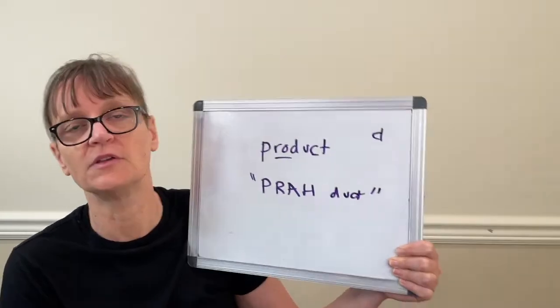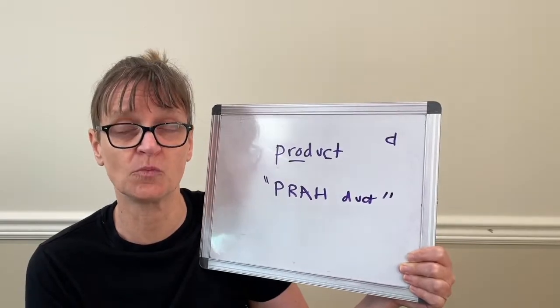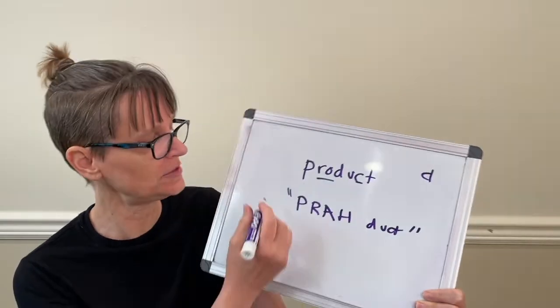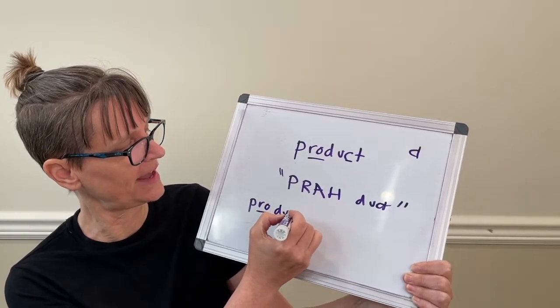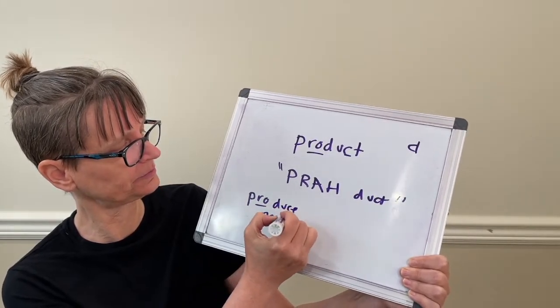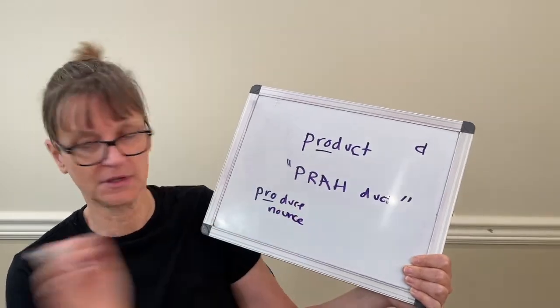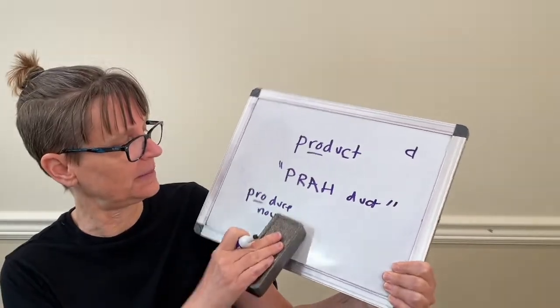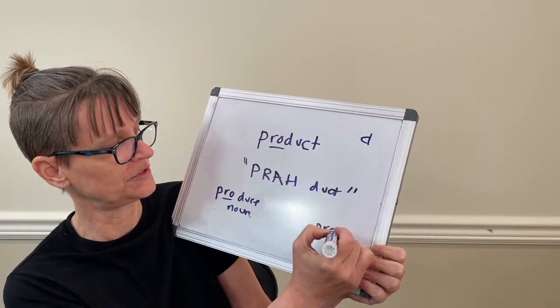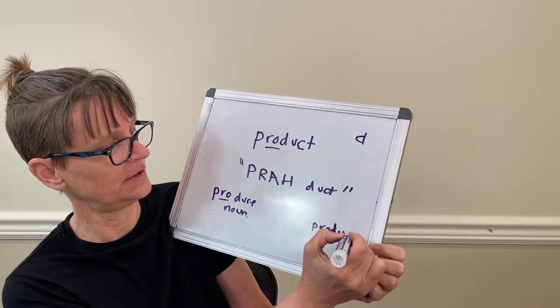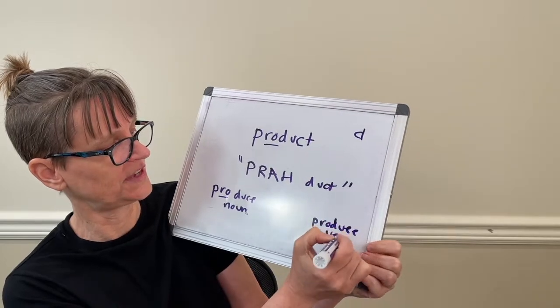Product. So letter O is in words with PRO, sometimes an O, like in the word produce, the noun, we use an O. It can also sometimes be a schwa in the word produce, the verb.